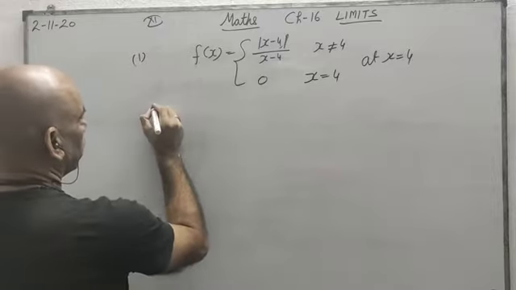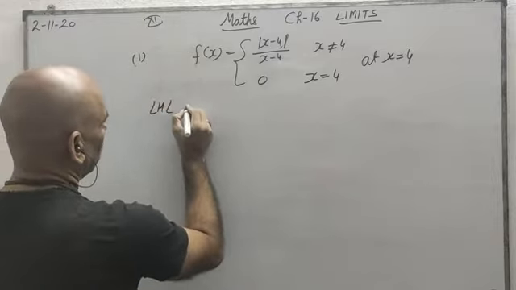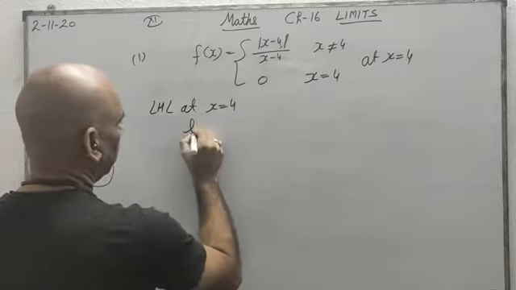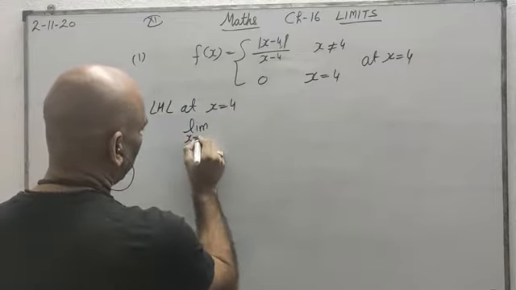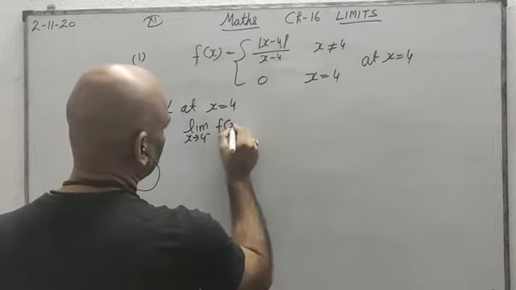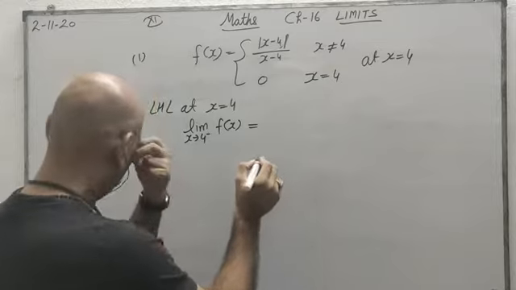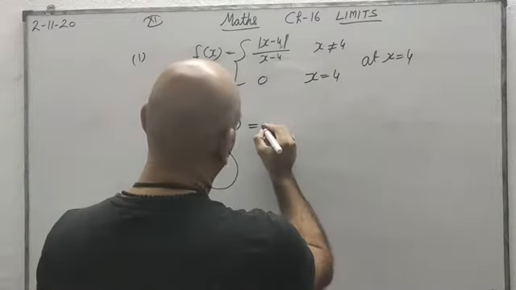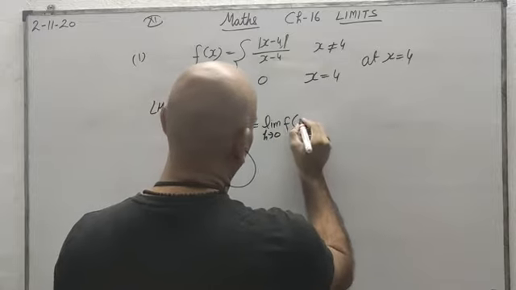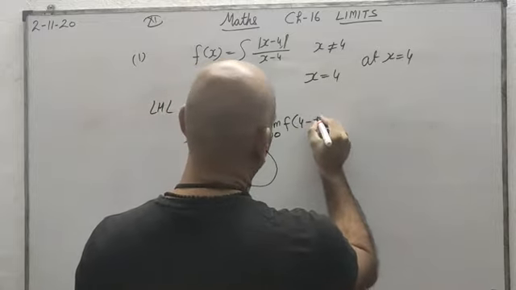So I am going to calculate LHL at x is equal to 4. So what will it become? Limit x tends to 4 minus f(x), or I will say limit h tends to 0 f(4 minus h).